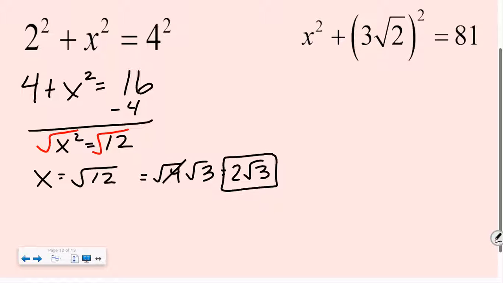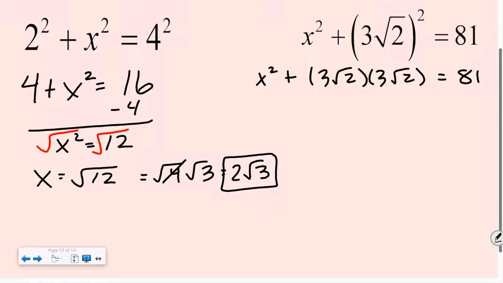One more. Same thing, order of operations when you're solving an equation. I have parentheses this time, but can I do anything to the inside of it? No. Okay, so then I'm going to go to the exponents. So we're going to take x squared plus 3 square root 2 times itself, equal to 81.